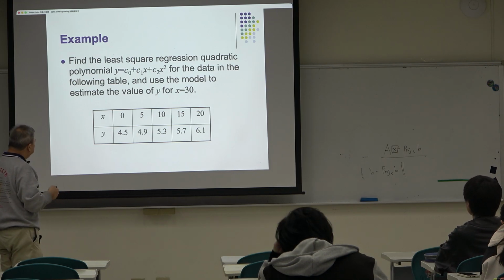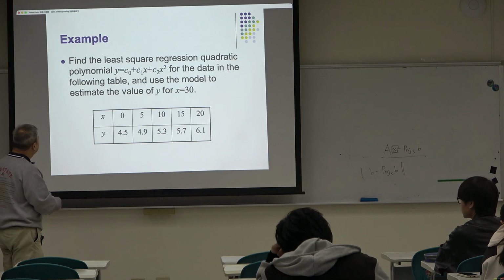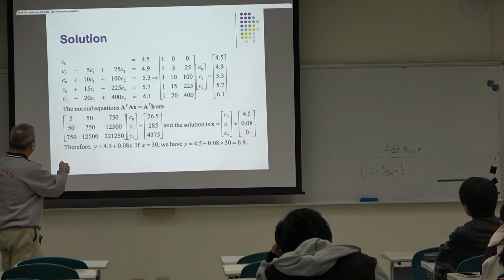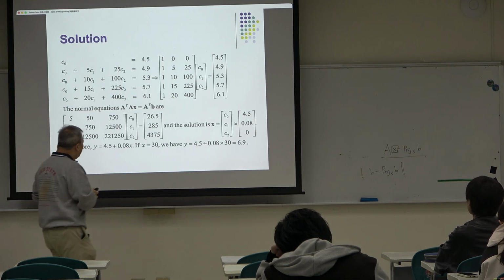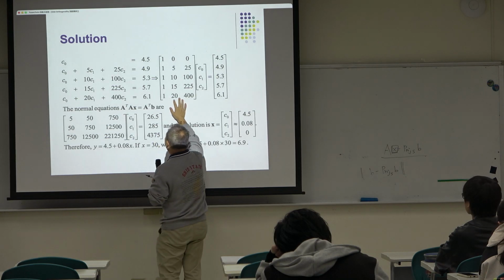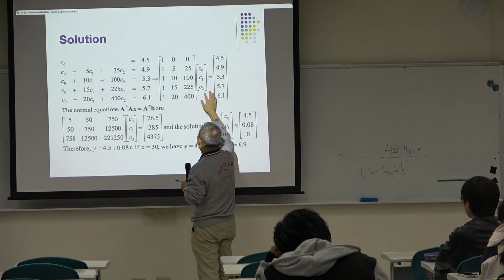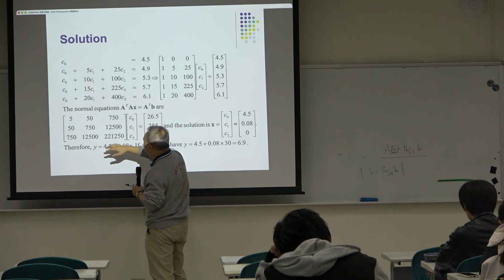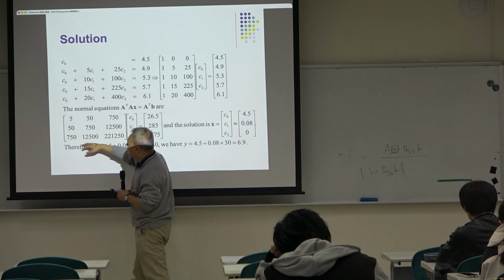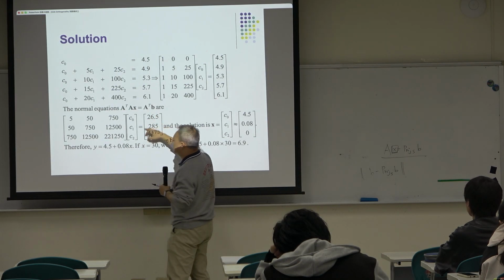If you plug these 5 points into your polynomial, you get 5 equations. So your A will be 5 by 3, and A transpose A is going to give you a 3 by 3 matrix.